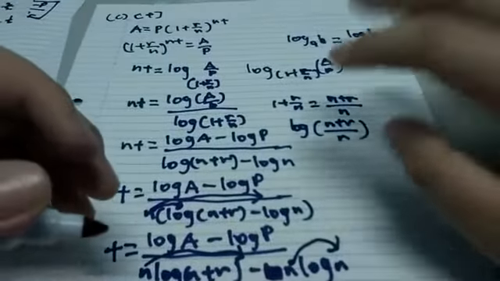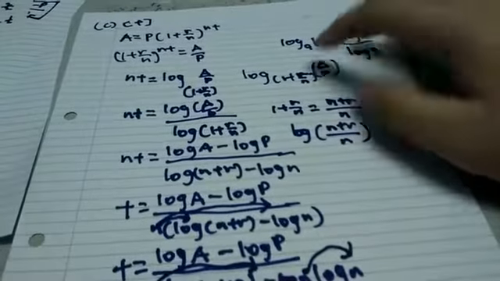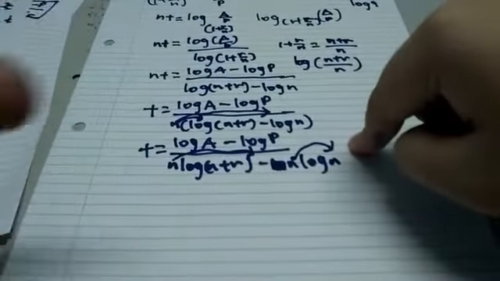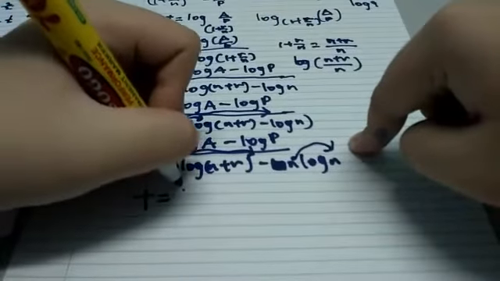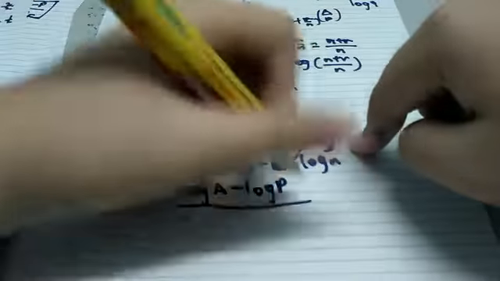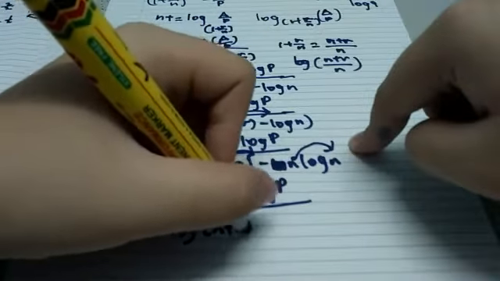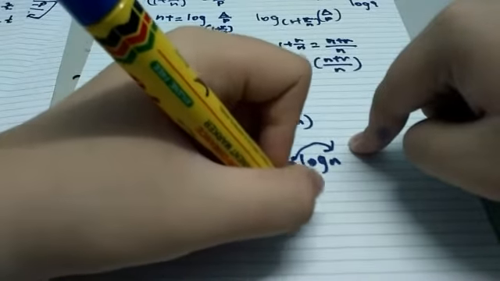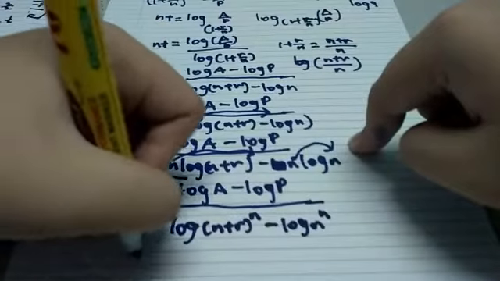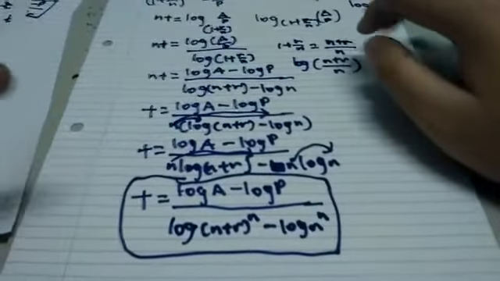Yeah, as I say, I want to tidy things up because when you saw something like this, it is very confusing. So I want to tidy things up so I can get something really tidy. So t is equal to log of a minus log p over log of n plus r power of n minus log n power of n. And then we have found the solution of the algebra formulae.